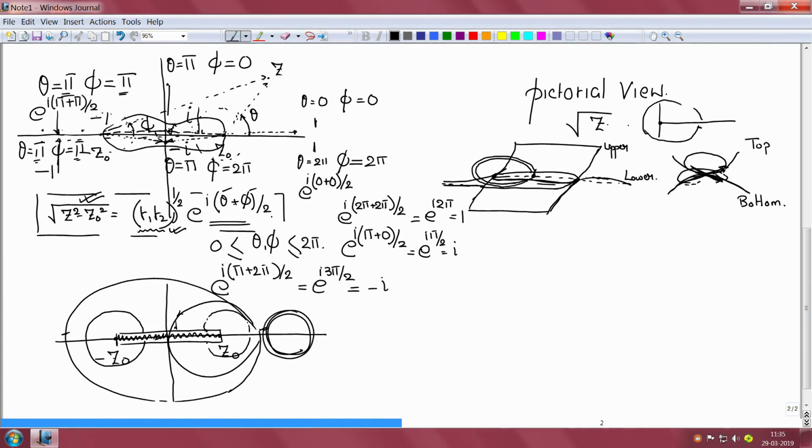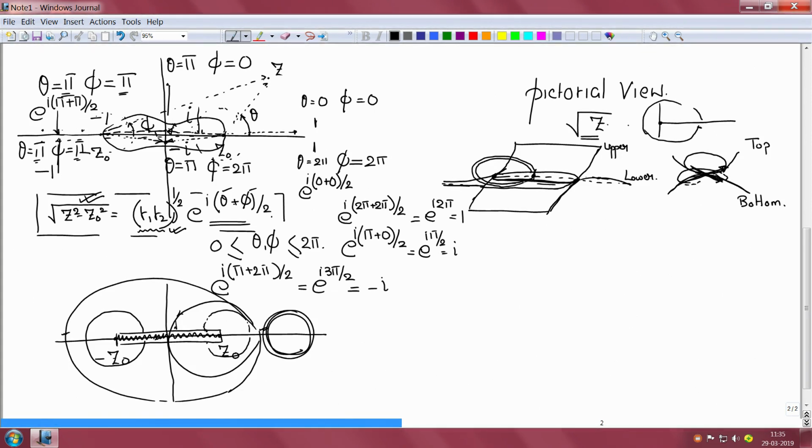So the square root of z function has divided the complex plane into two sheets. On the first sheet it is continuous, so if you remain on the first sheet you are continuous, or you enter the bottom sheet and remain there, then you are continuous.